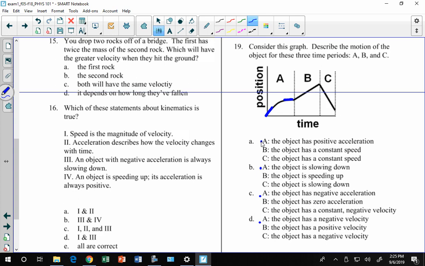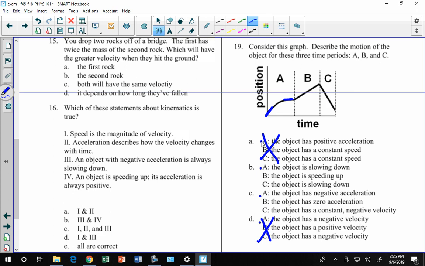It's slowing down or speeding up? Slowing down. Is the velocity positive or negative? Positive. So that means the acceleration, if it's slowing down, is opposite the velocity. So it's a negative acceleration. So that gets rid of this one already. The object is slowing down. It could be B or C. It's not D. Like we've already said, it has a positive velocity.